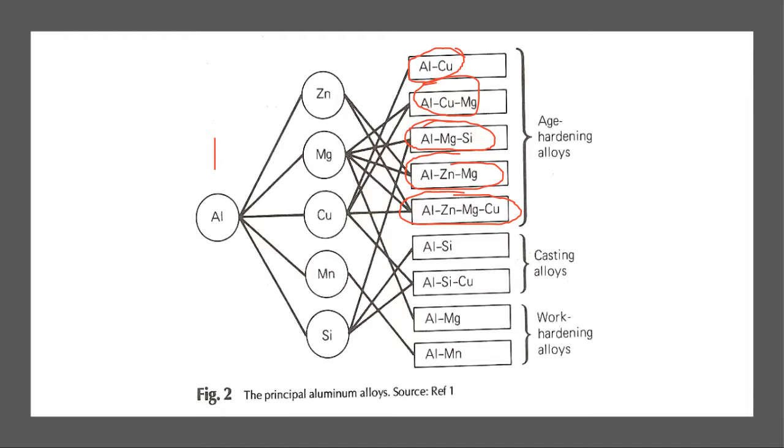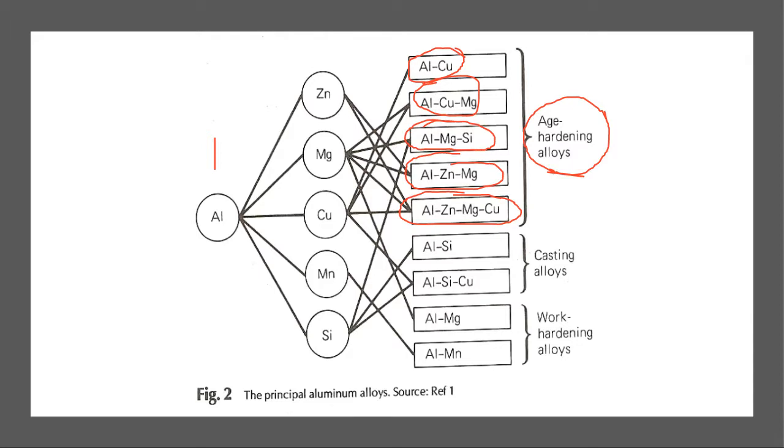Those are all your age hardening alloys, which means those are the ones that you are able to precipitation harden through heat treatment. All of the elements, particularly zinc and copper, form secondary phase intermetallics that precipitate out, hence giving you strength.